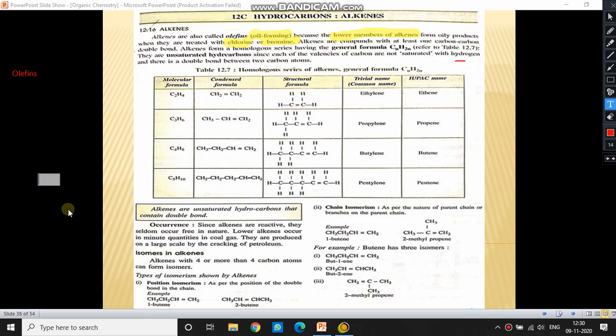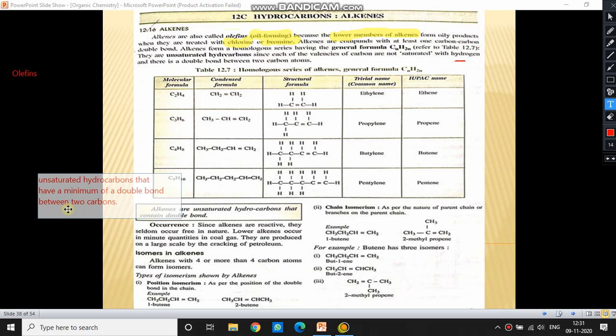That alkenes are unsaturated hydrocarbons that have a minimum of a double bond between two carbons. So this is our definition of alkenes.